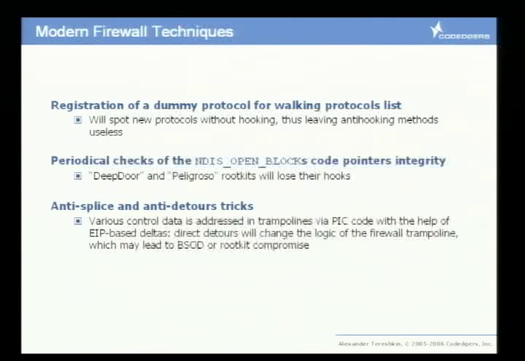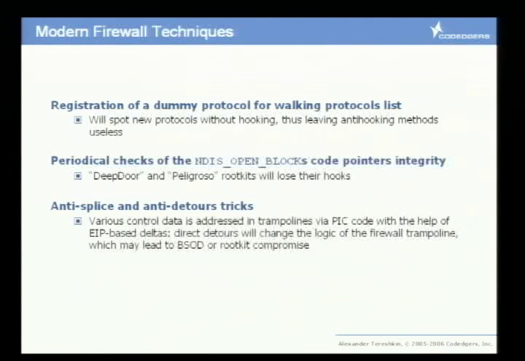Okay, we've discussed a few tricks about bypassing simple firewalls, and now we'll move to modern ones. These firewalls, in addition to the discussed techniques, will check these open block structures for code pointer integrity from time to time.